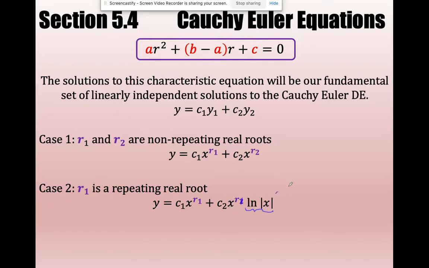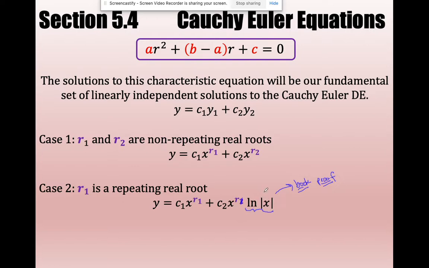Now, why is it ln of x? Your book does in this section. Your book shows a proof, which just involves rewriting the solution and thinking about derivatives and then anti-differentiating and getting this term. But your book has a cute, not hard to follow proof of why you end up with ln x.